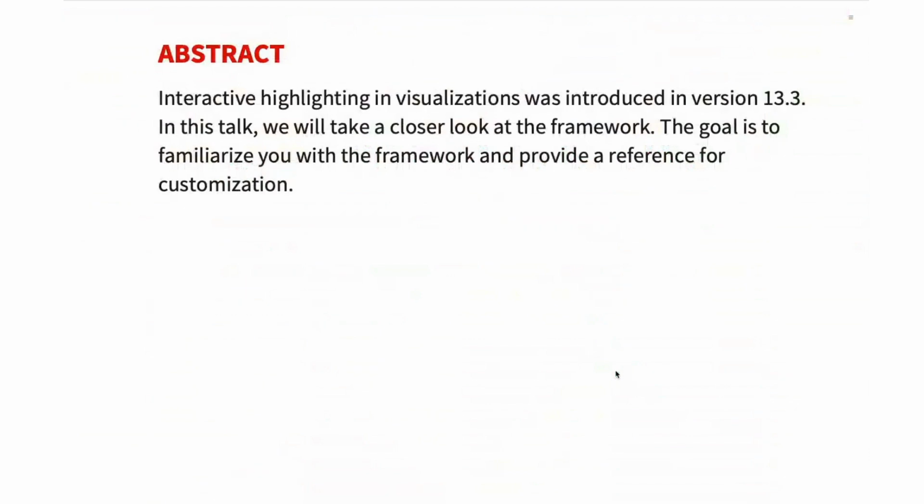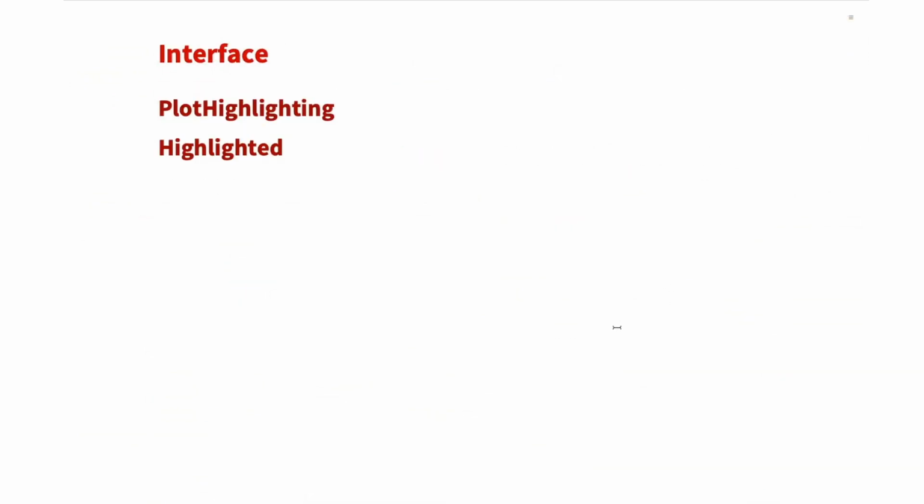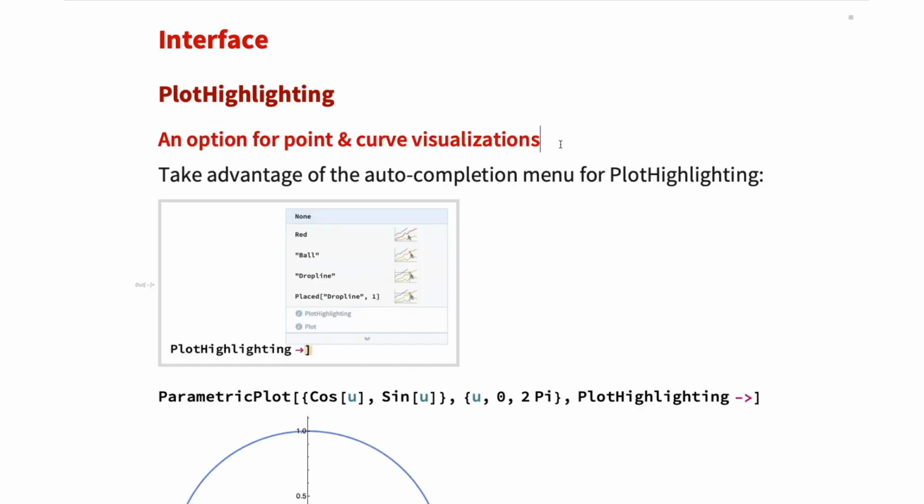I'm going to talk about interactive highlighting, and we will look at the framework. So there are two interfaces to access plot highlighting, or highlighting. The first one is the option called plot highlighting, and it's available for a lot of point and curve visualizations, and you can take advantage of this auto-completion menu.